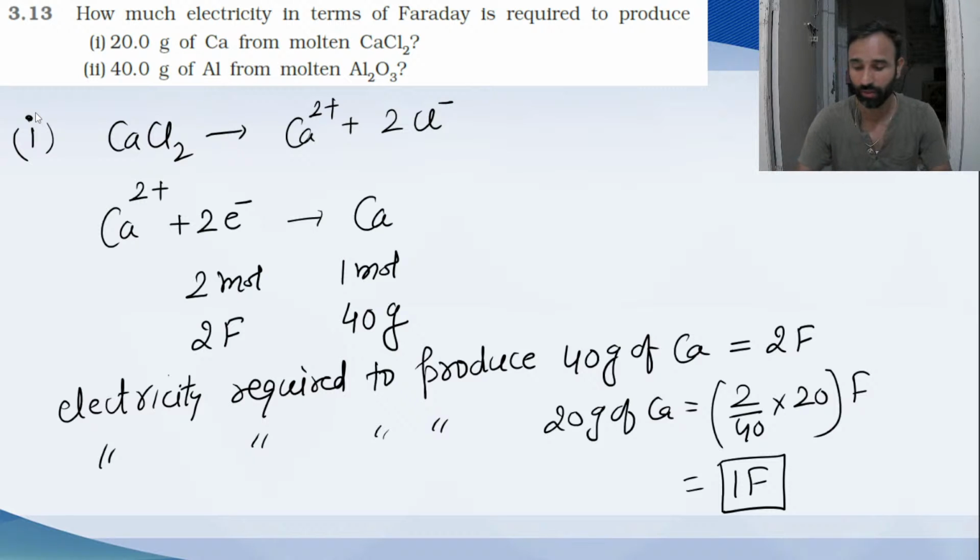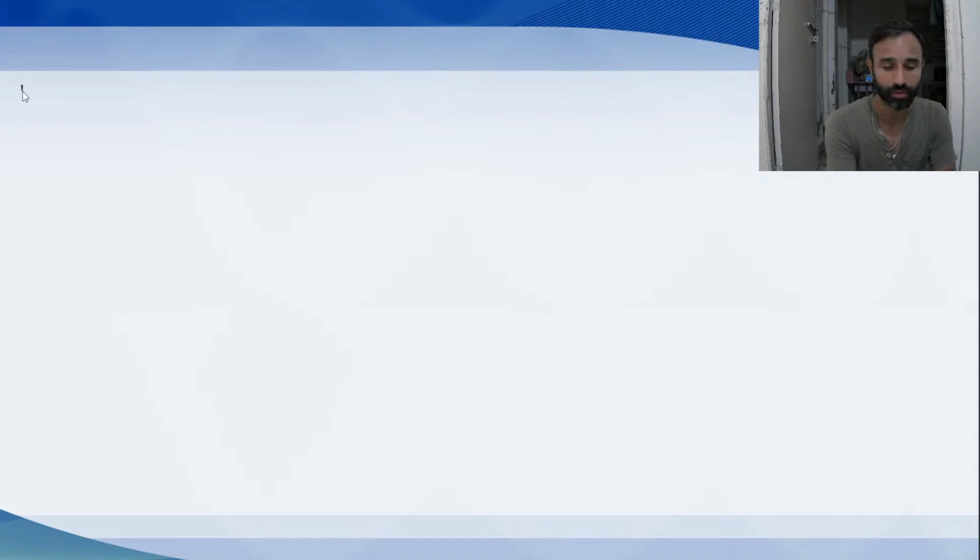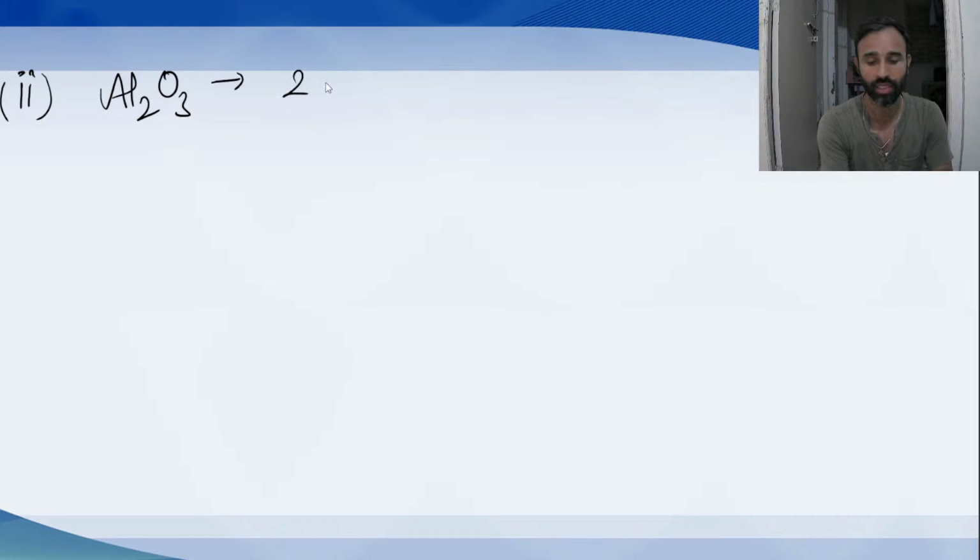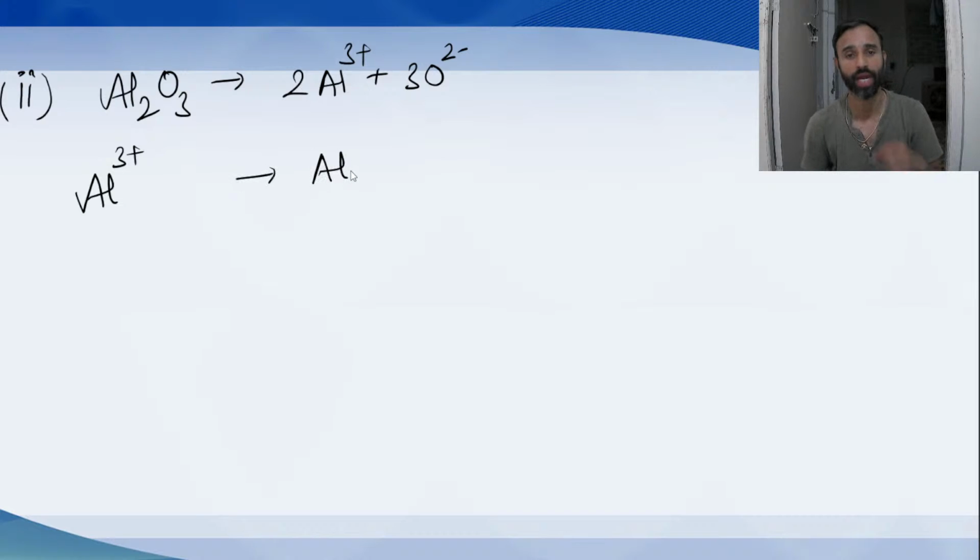Now second part. 40 gram of aluminium from molten Al2O3. So molten Al2O3 is in the form of Al3+ and O2 negative. So from Al3+ to get Al, electrons used are 3.